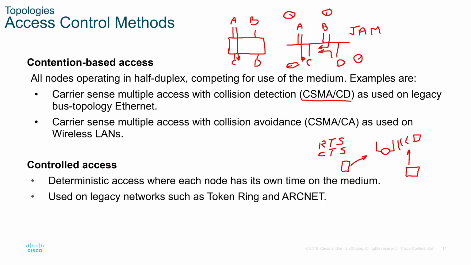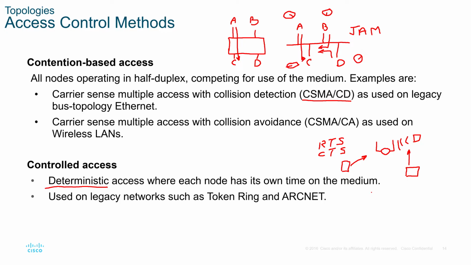Controlled access is deterministic, and this is a term that you may see many times. Deterministic access, where each node has its own time on the medium. Token ring passes a token from host to host.